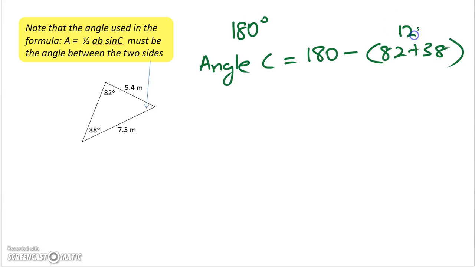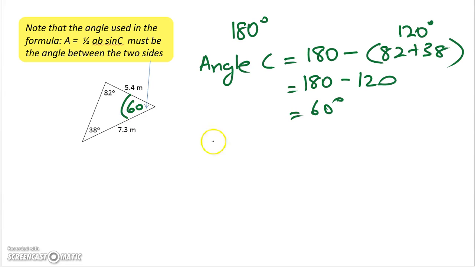And what that adds up to is 120 degrees. So 180 minus 120 gives us that angle of 60 here. And so now we're in this situation, we've got two sides and our angle in between. So we can now insert that into the half AB sine C formula for area.